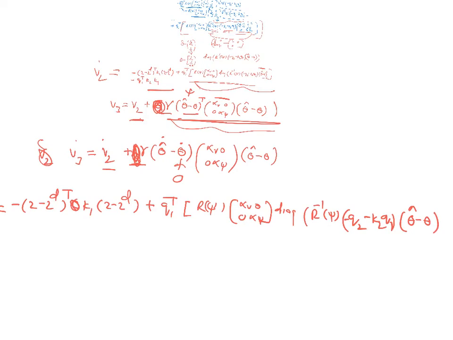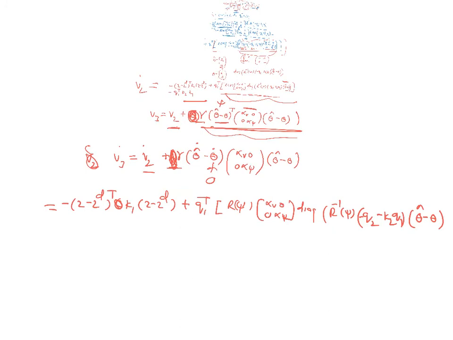Okay, so that's our, minus Q1 transpose K2 Q1, and so this and this are together.